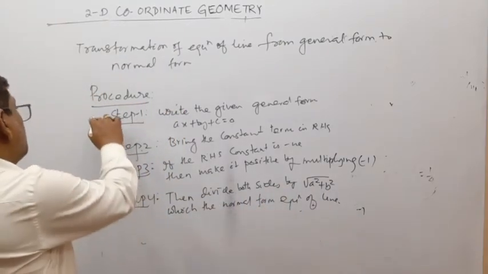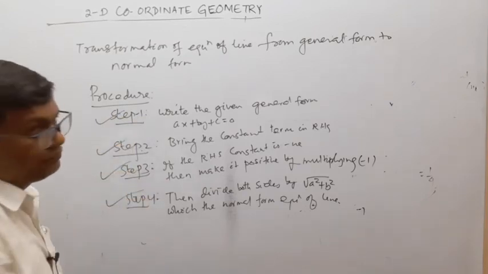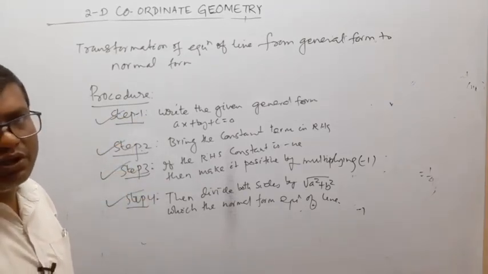These are the 4 steps to convert the general form to normal form.